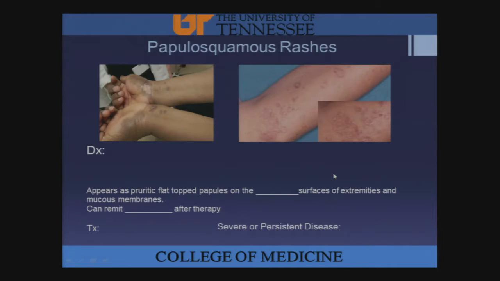All right. What is this? Good. So this is a pruritic flat-topped papule, and it shows up where? It's right here. Flexural. Is this an extensor surface or flexural surface? Okay. And it takes a little while to remit after therapy.